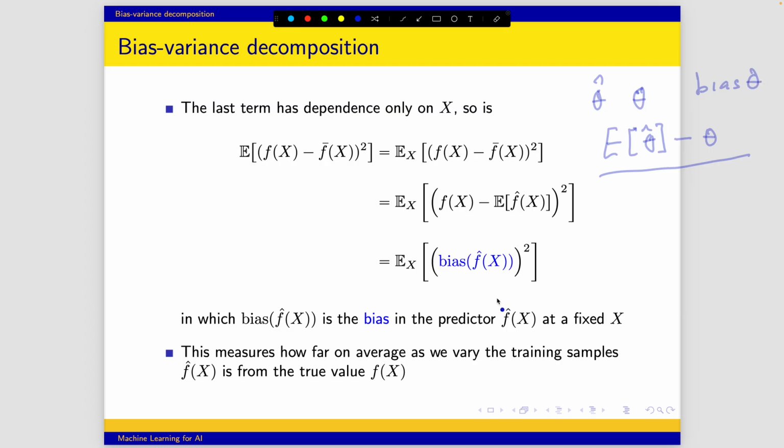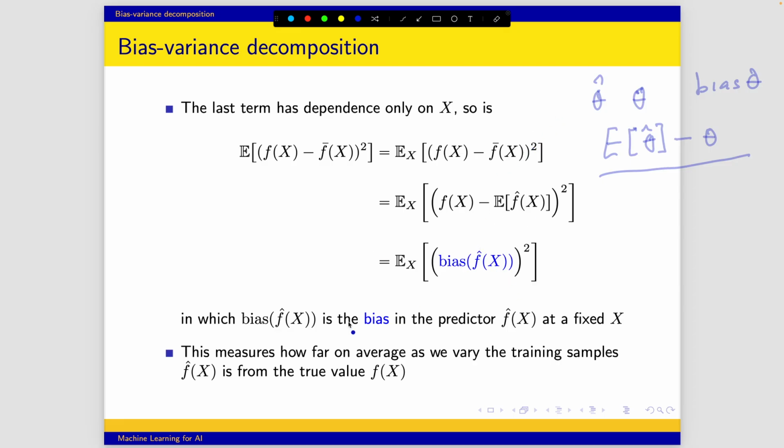Well, it's the same thing here. This here is the bias in our predictor. It's the expected value of the predictor minus the true value at a general x, conditioned on some x. So this is usually at some fixed x value. That's how we define the bias.